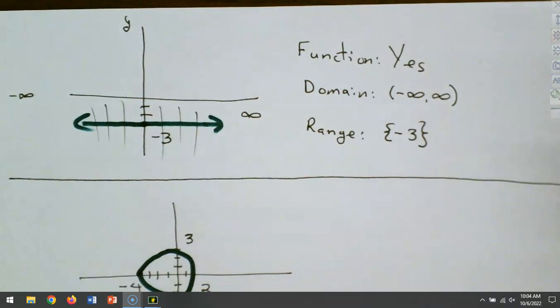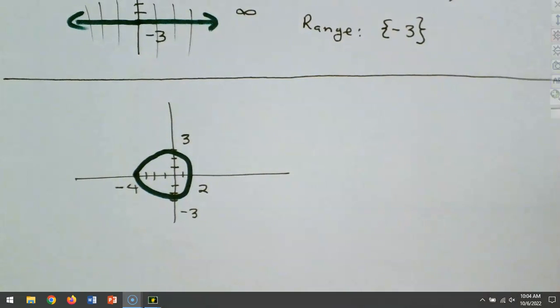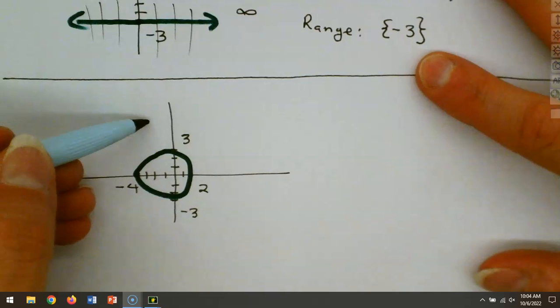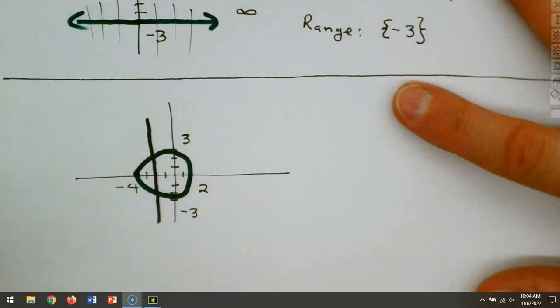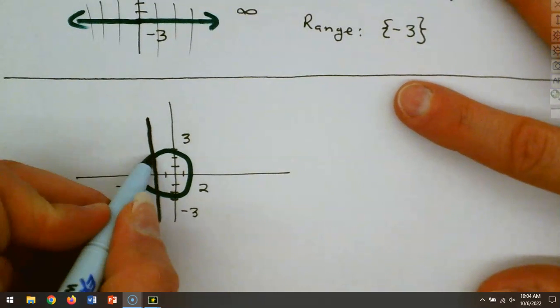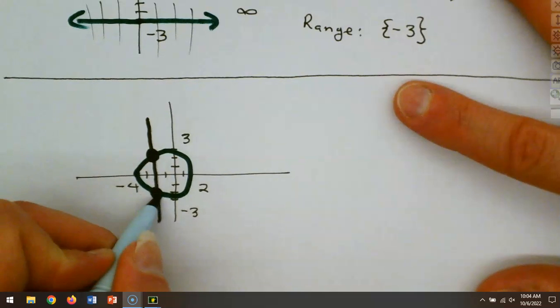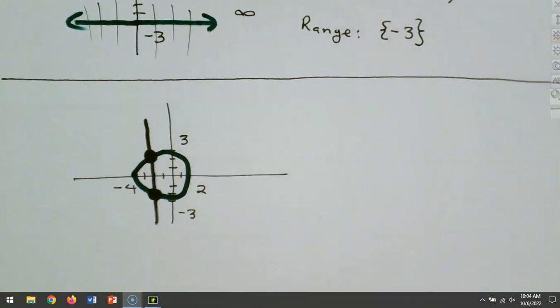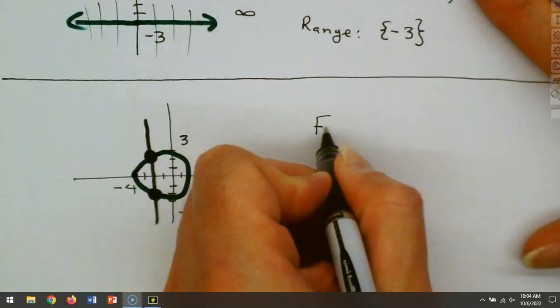Is this a function? Yes or no? No. Why is this one not going to be a function? It's not a function, right? Because if I draw a vertical line here, what happens to this vertical line? It touches twice. So if it touches the graph at more than one place, this is not a function.